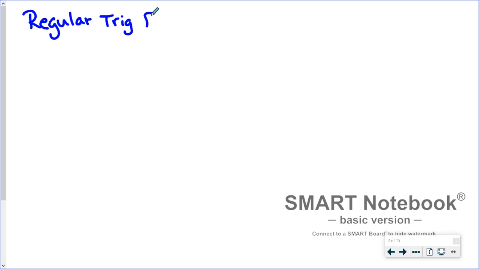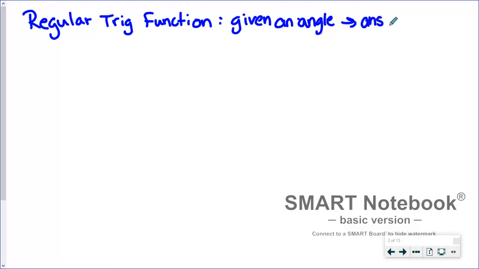A regular trig function, we are given an angle, and we answer a value.